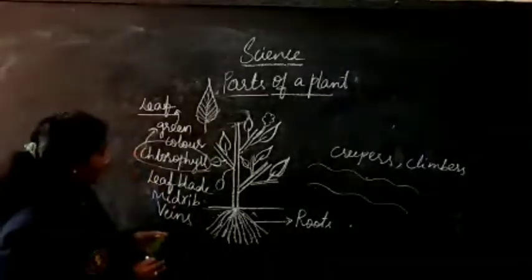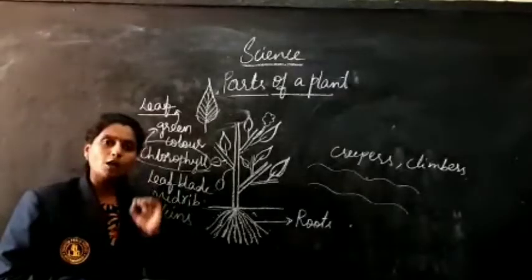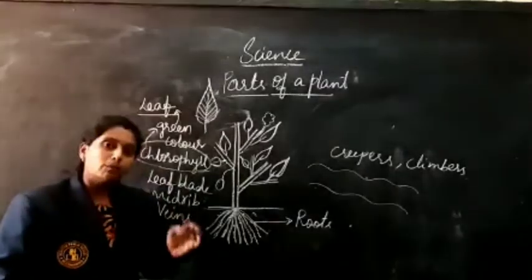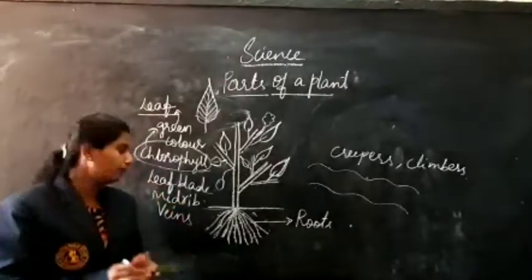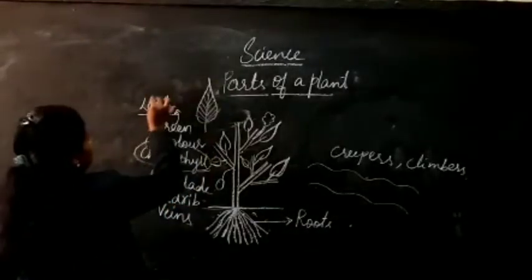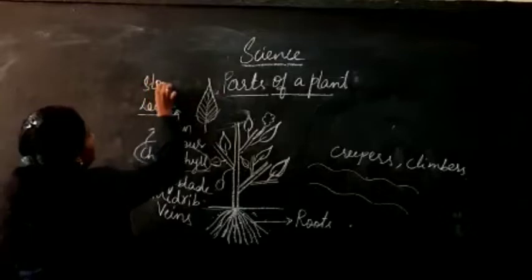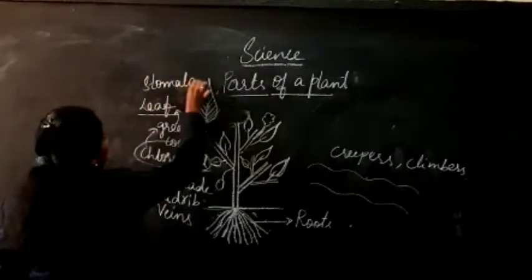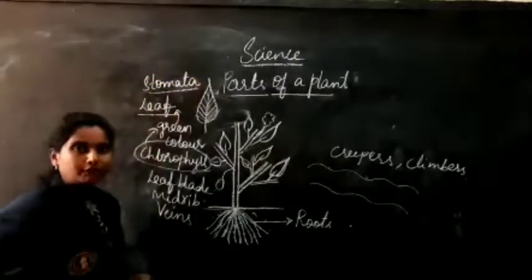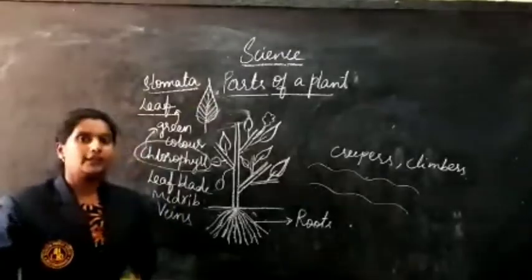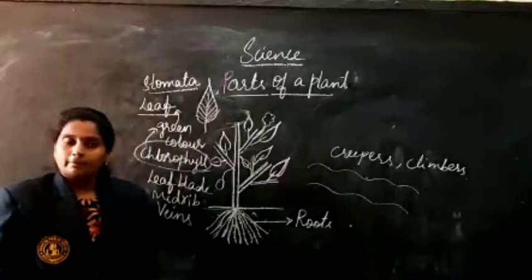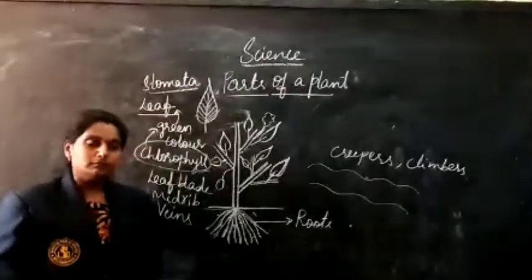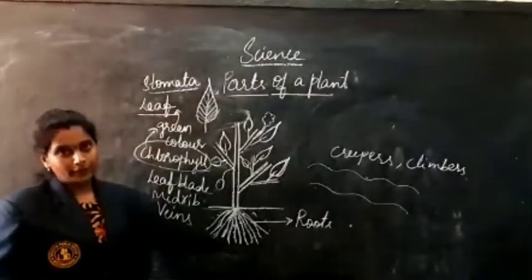And there are some small pores present under the surface of the leaf blade called stomata. What is the function of the stomata? Why are they present? If I ask you to take a deep breath, what did I do? I took a deep breath.